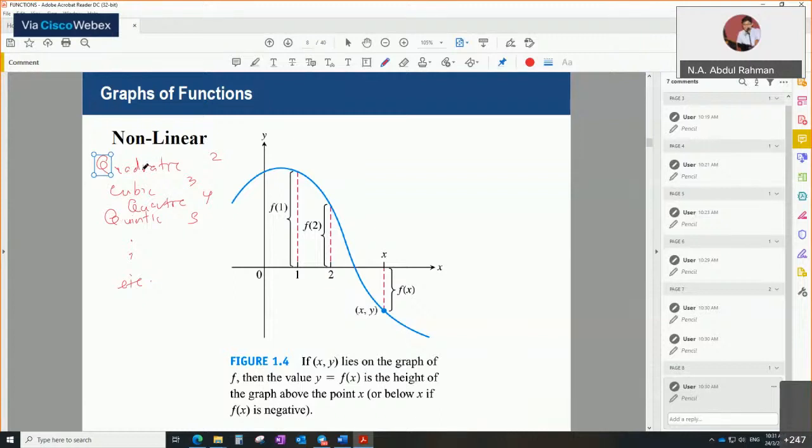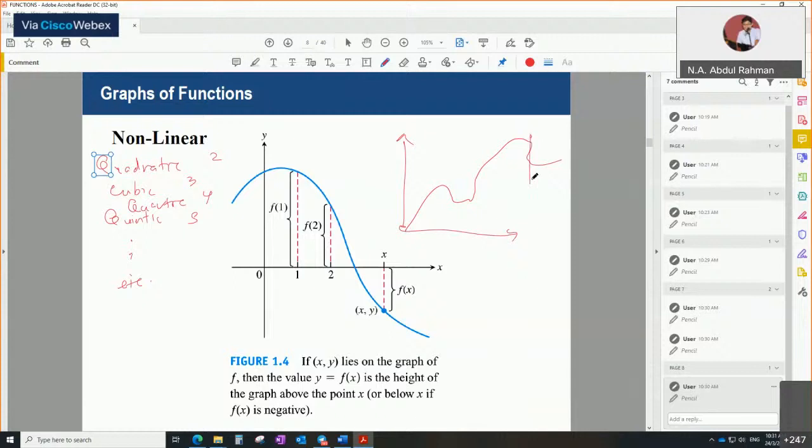So we have non-linear functions. This is one example. You don't have any strict ratio between your x and your y, like we have with mx plus c. So it can be any values, and you can have a very weird graph. For example, you can have this, no problem, as long as it is still defined as a function.